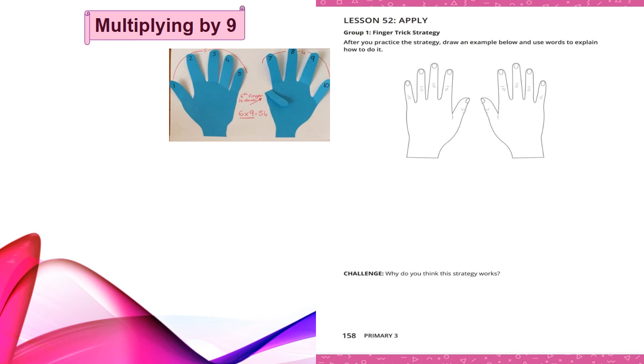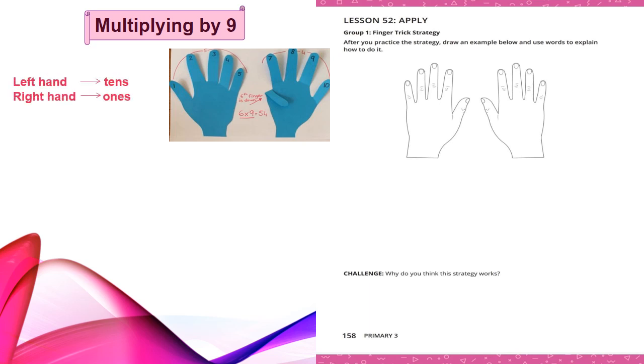The other number here is 6. So the second step, you should bend down finger number 6, like the picture. And here we have fingers on the left side and fingers on the right side.